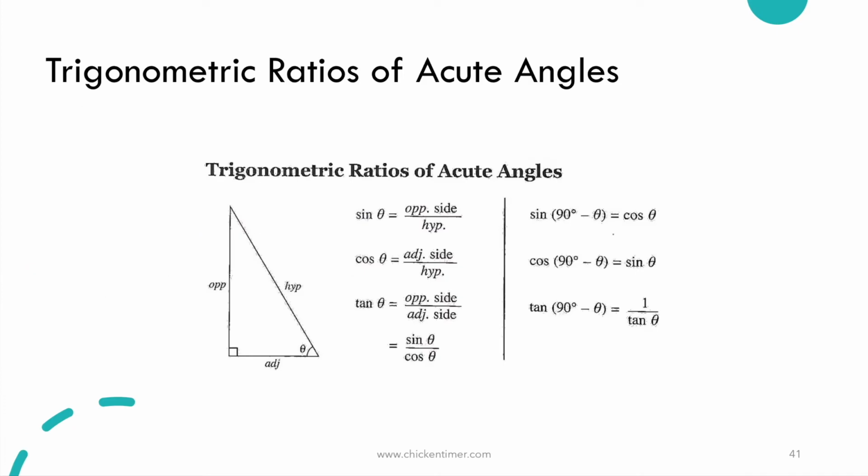Okay, before I discuss the next question, I want to bring up some trigo formulas. So in E-Maths we have trigo ratios for acute angles, your famous SOH CAH TOA, which is for a right angle triangle.